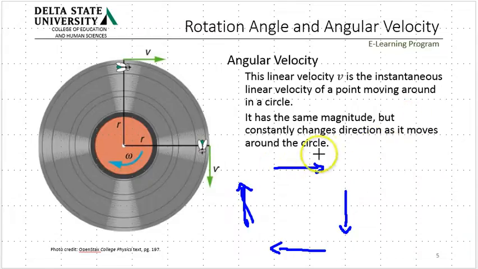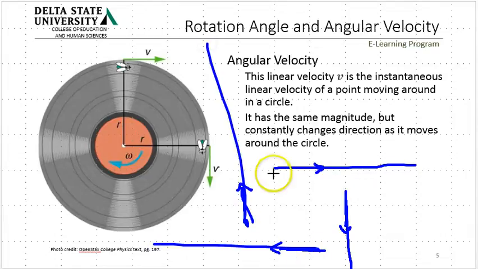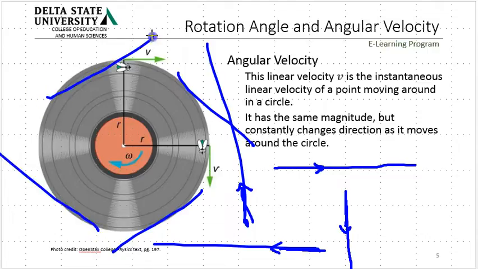Now, the magnitude of the velocity is not changing, but the velocity is changing because look, here it's pointing that way, yet here it's pointing that way, and over here it's pointing over here, and here it's pointing there. All around this circle, it's pointing off in different directions. That means the velocity is changing, which means there's acceleration. And we will talk about that acceleration, what we call centripetal acceleration, in the next segment.